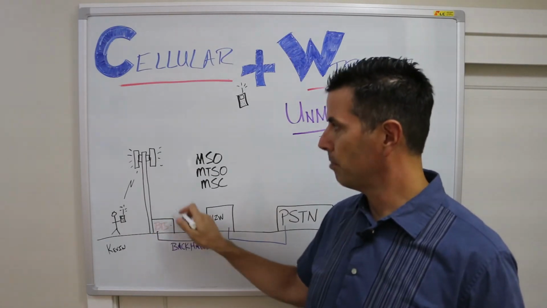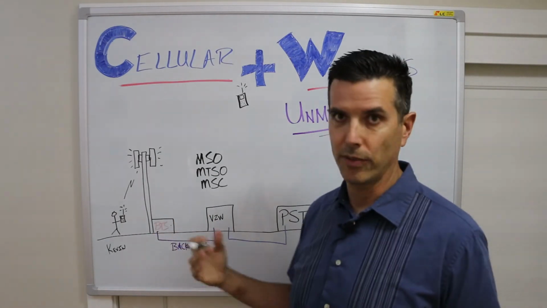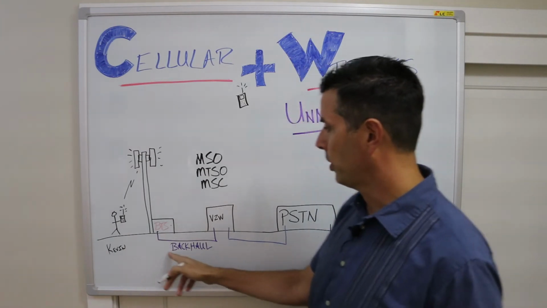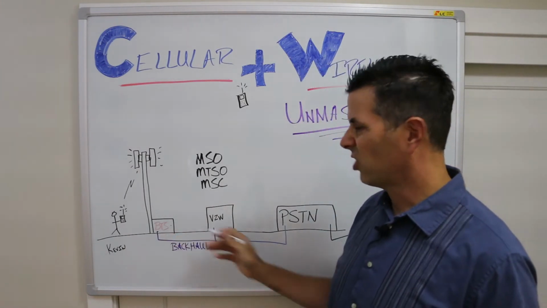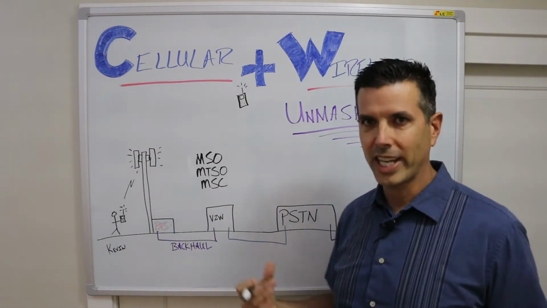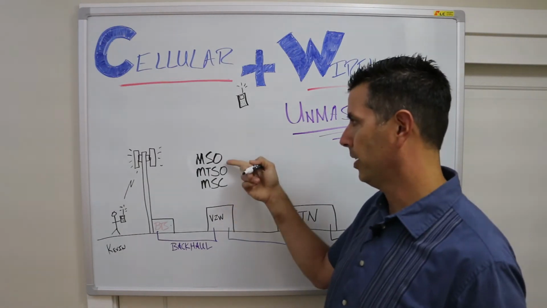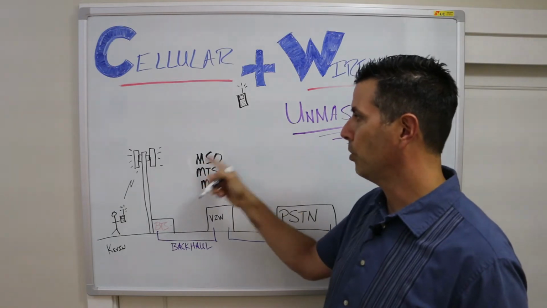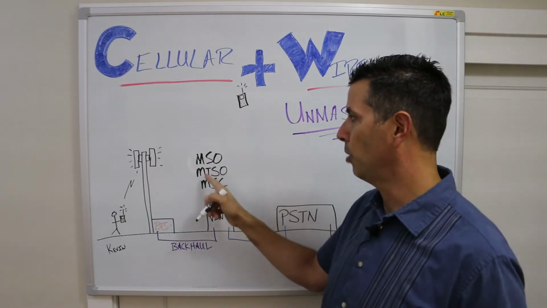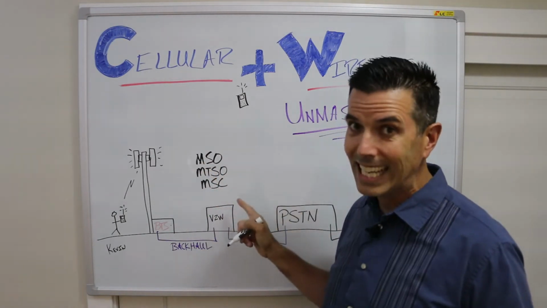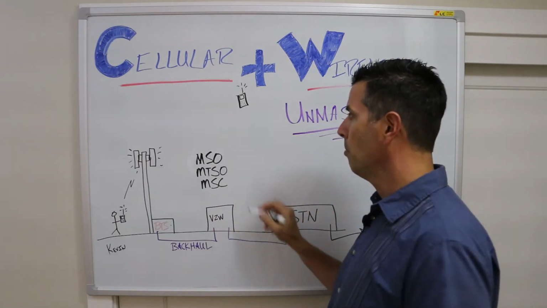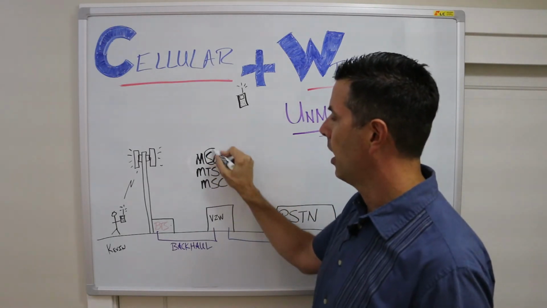This is the gear at the base of every cell tower to do the first level call processing. That signal then travels on the backhaul, the circuit that ties all the different cell sites together to the main switching office. It's commonly called MSO, mobile switching office, MTSO, mobile telephone switching office, or MSC, mobile switching center, but really it just goes by the switch.